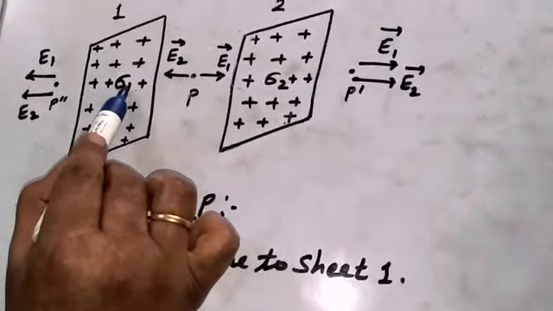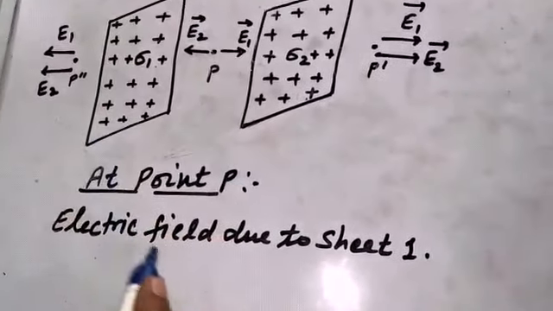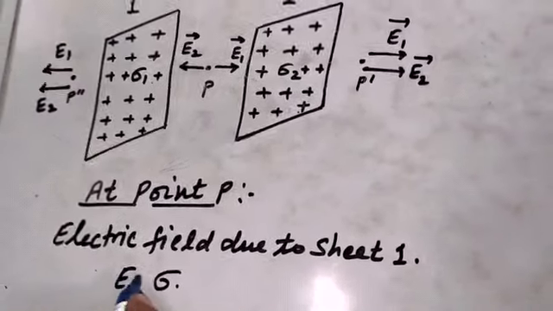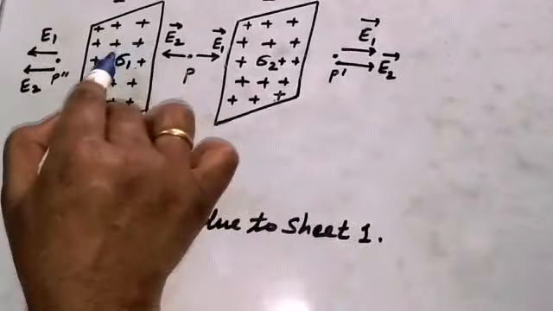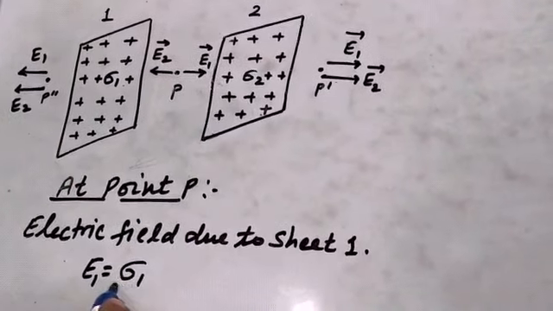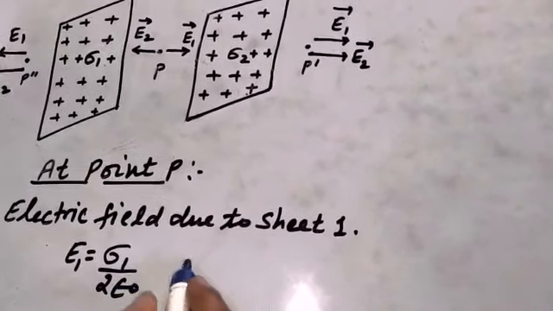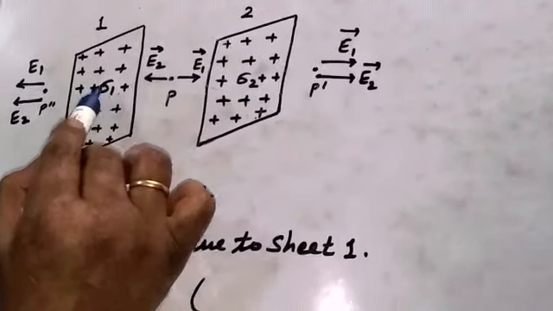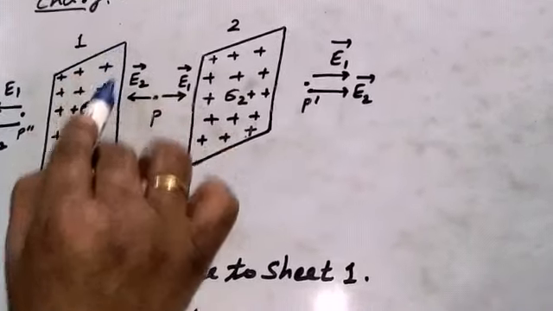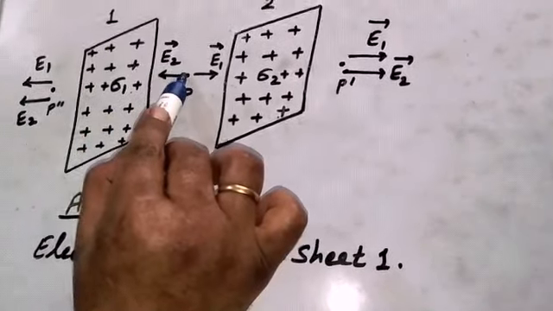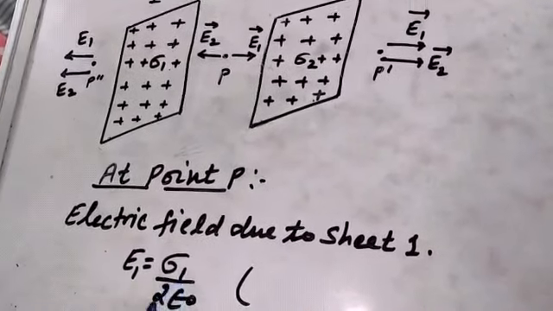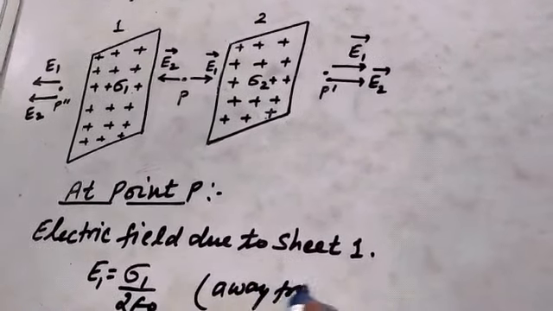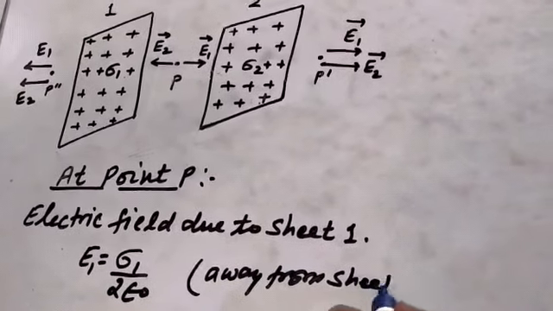Since its surface charge density is sigma 1, and you know the formula for this electric field intensity, suppose that electric field intensity is E1, so that E1 is equal to sigma 1 upon 2 epsilon naught. And since the charge given to the sheet is positive, the electric field due to this sheet of charge at point P, whose magnitude is sigma 1 upon 2 epsilon naught, is away from sheet 1.